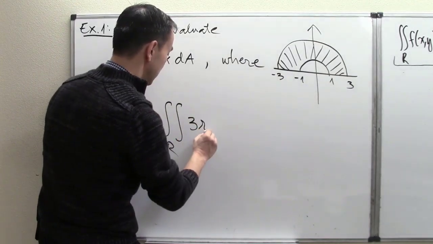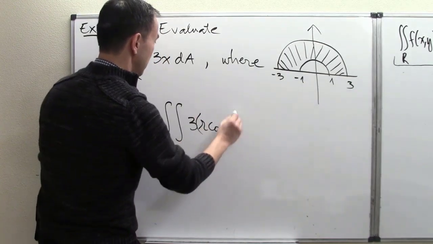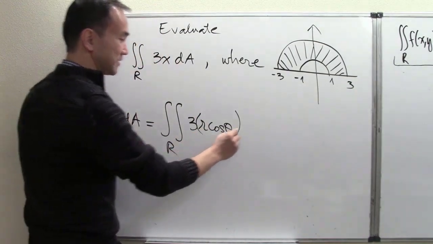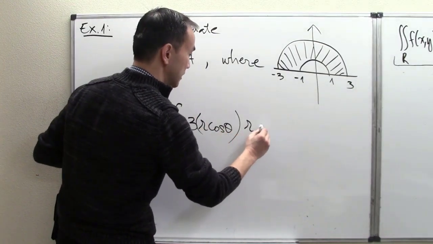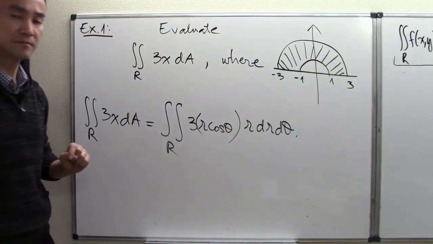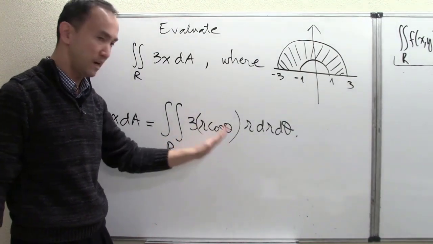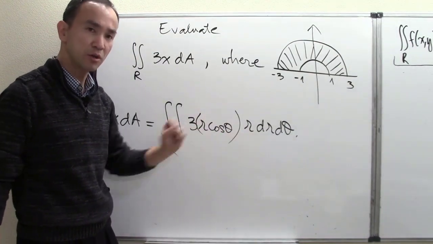So now it's r times cosine theta for x. And now the dA here is re-expressed as r times dr d theta. That's how we are re-expressing our double integral, but now completely in polar coordinates.